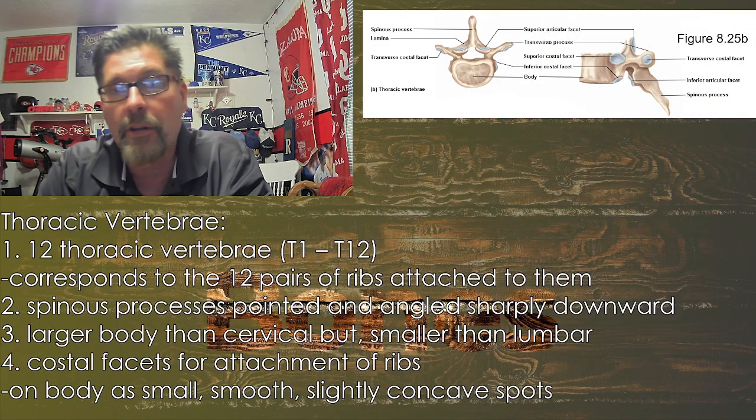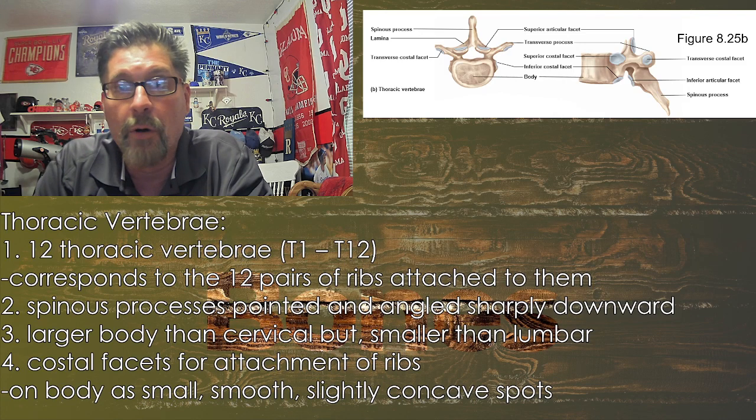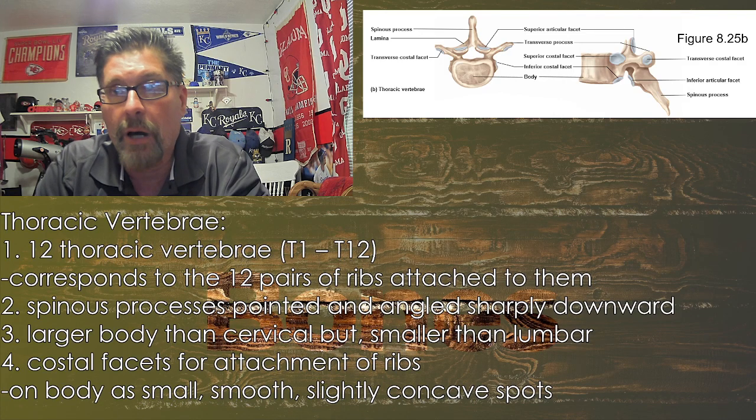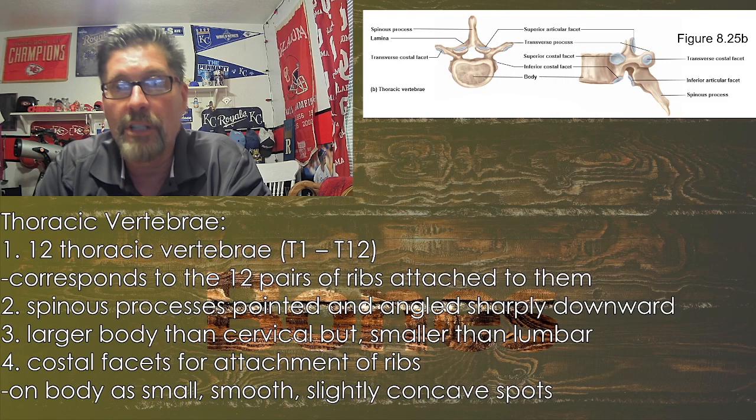Okay, getting into the thoracic, now we're getting into a little bit bulkier vertebrae. Again, the body, the foramen. You can see that the spinous process is very long and extended now.